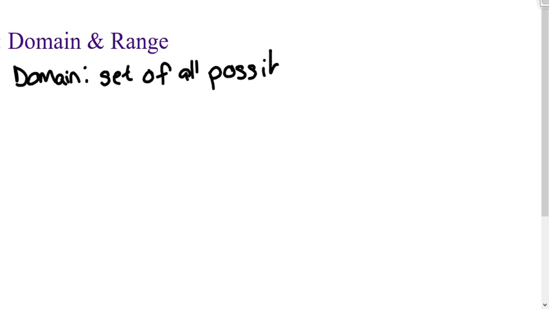So, domain. Domain is just the set of all possible input values. Remember, those are your x values.